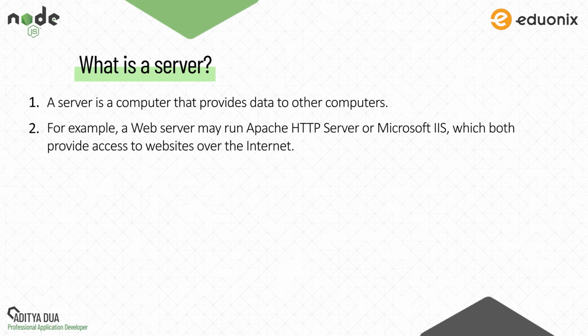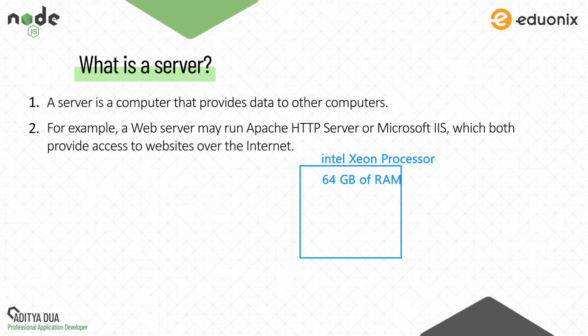If you recall from my last explanation, let me draw out a diagram for you. So this is a server. Now how do I define a server? I define this as a server saying that this is an Intel Xeon processor which has say 64 gigabytes of RAM and say 1024 gigabytes of hard disk.